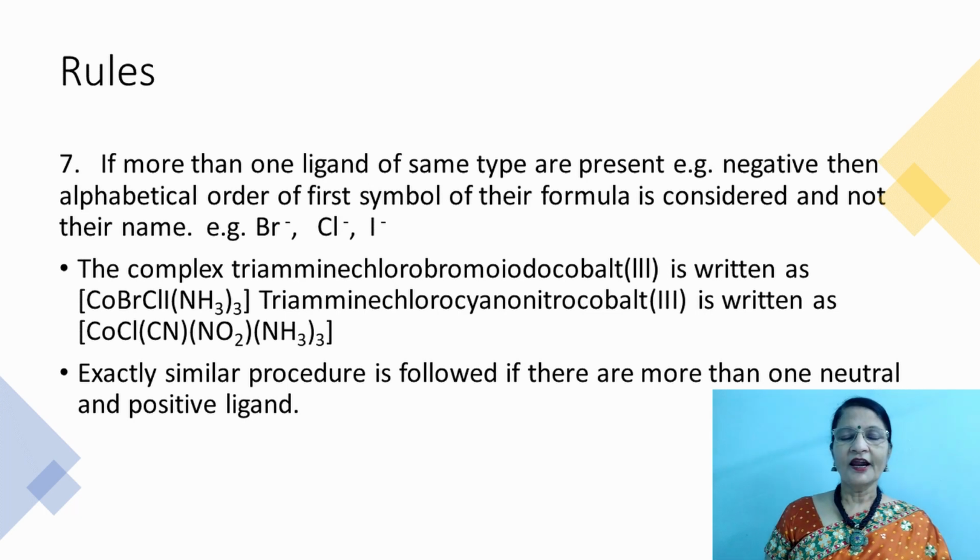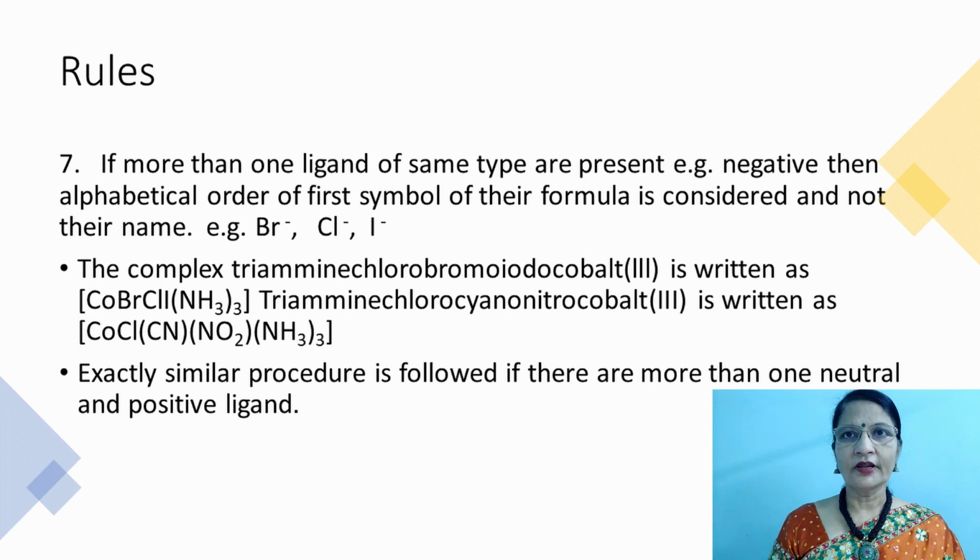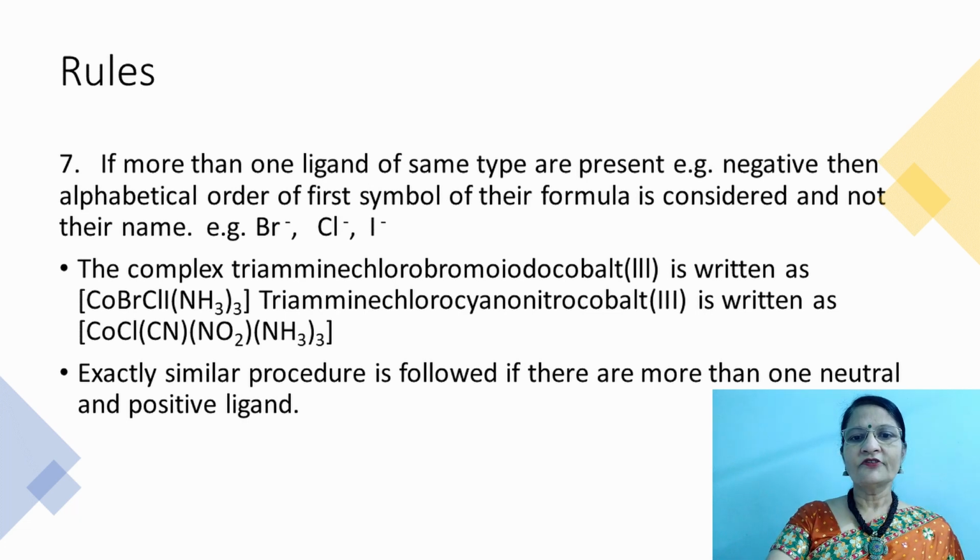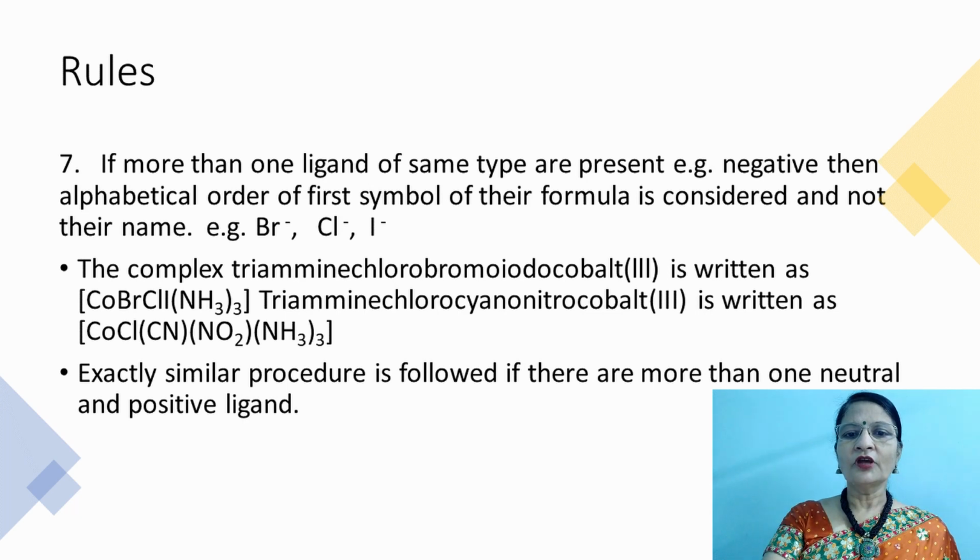But imagine that if the first symbols are the same, if we are considering negative ligands and the symbols of the two ligands are the same, then we can take the example of Cl minus and CN minus. Both are negative ligands and both start with the letter C, and in that case Cl comes first, followed by CN minus, and then NO2, that is nitro. So chloro, cyano, then nitro, then amino.